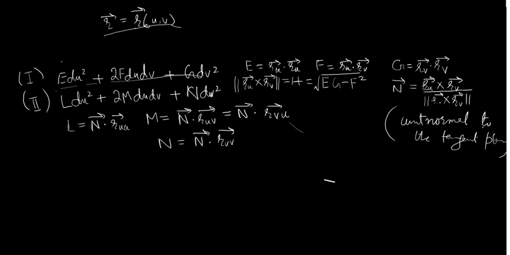So they are numbers, and similarly we denoted another quantity, the magnitude of ru × rv, which we showed is equal to the square root of EG − F². So these are called first order fundamental magnitudes. Then we also have our unit normal to the tangent plane, which is basically ru × rv divided by its modulus.